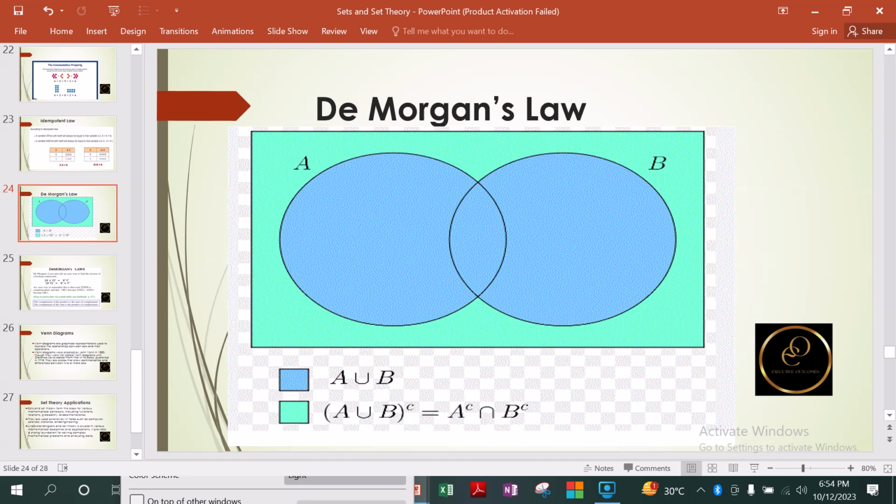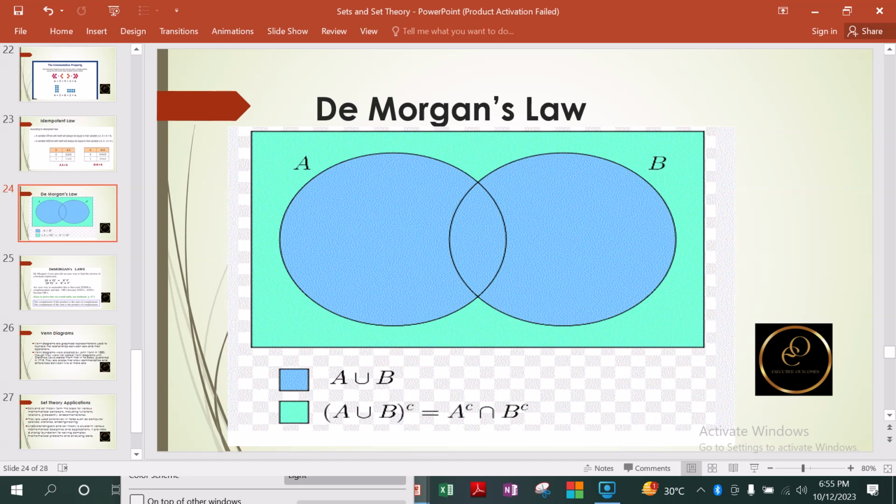Now individually, A complement is anything outside A, so it takes this whole part outside A, while B complement is anything outside B. Where do these two meet? It goes back to the green part here. So that's what it means.